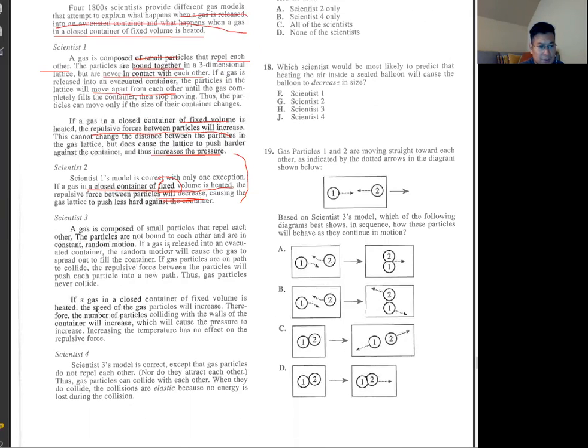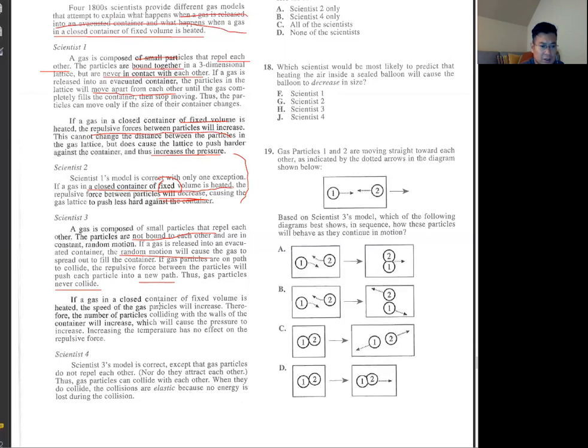And scientist 3 says gases are composed of particles that repel each other. The particles are not bound to each other. If the gas is released into an evacuated container, the random motion will cause it to spread. If gas particles on a path are going to collide, the repulsive force between particles will push them apart onto new paths. Those gas particles never collide.